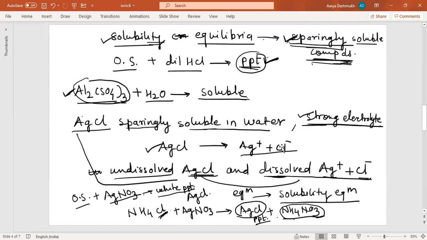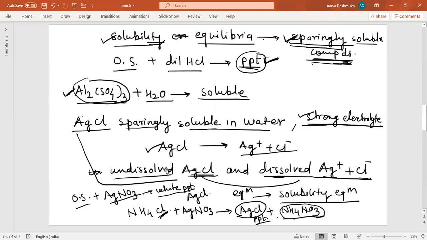Now there will be an equilibrium between the undissolved AgCl and the dissolved Ag plus and Cl minus ions, that is silver ions and chloride ions. As this is a sparingly or very feebly soluble salt, when it dissociates like this, Ag plus and Cl minus ions are formed.